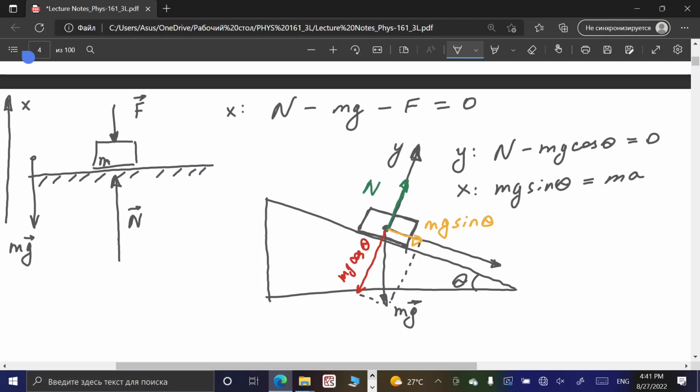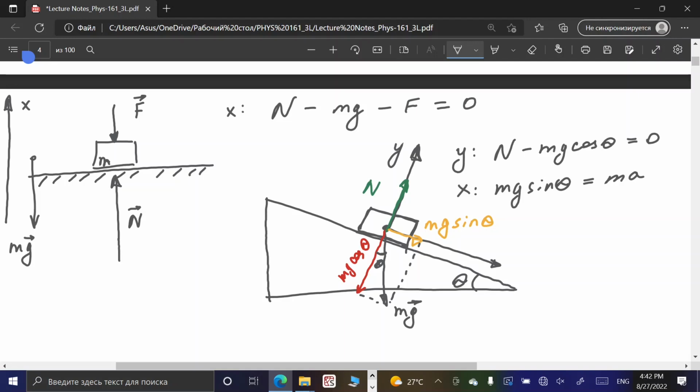And keep in mind that we have this angle theta here also, since these two angles should be the same. Taking into account that we know the angle of the inclined plane, we can split this weight vector of the object into two components. This one is the component along axis y, this one along axis x.